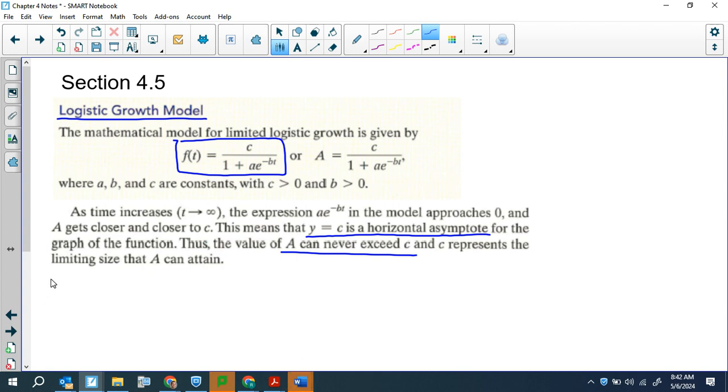And so c is what we call the limiting size, or the capacity. The model will never be greater than c, which is that numerator.